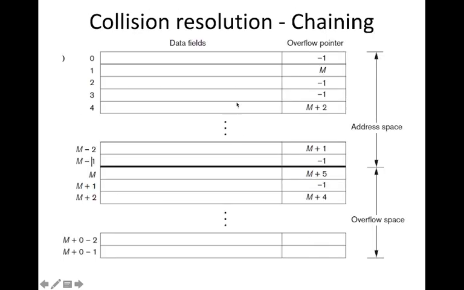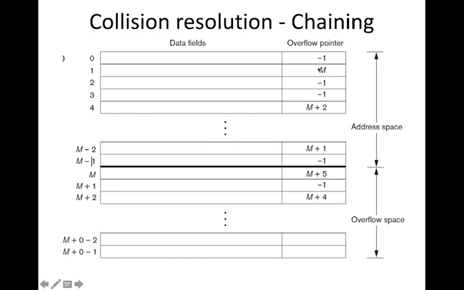I'll show an example. This is the original address space, 0 to M spaces, which we call address spaces. When the hash function is applied, values will be mapped to 0 to M minus 1. If a collision occurs, say a second record also hashes to 1, we use the overflow pointer.